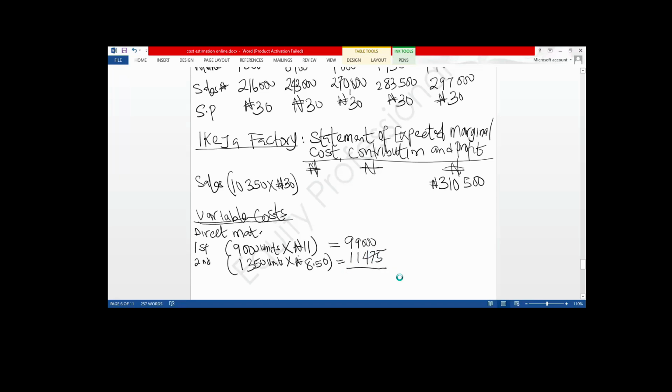Please sum these two together. 110,475. This is total direct material cost. You move to labor again now.